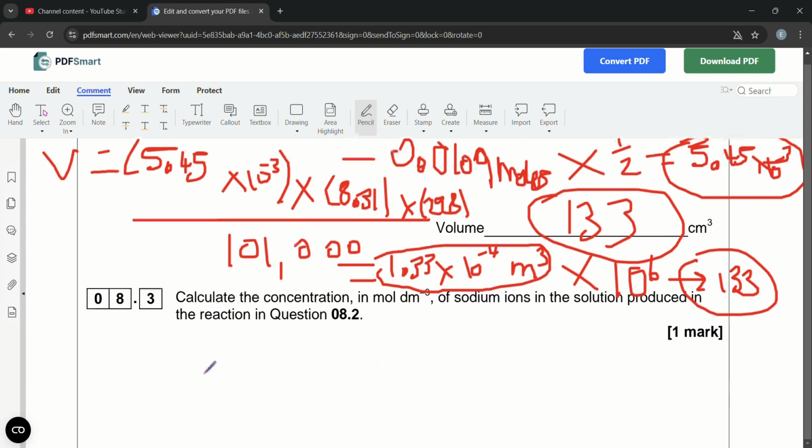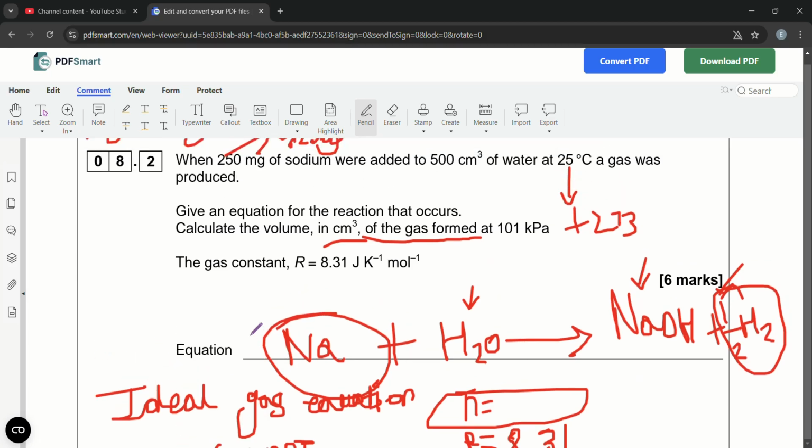And now 8.3, calculate the concentration of sodium ions. Well, we know moles is equal to concentration times volume. Concentration is equal to moles divided by volume.